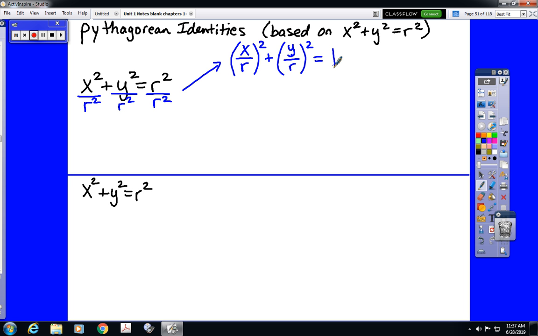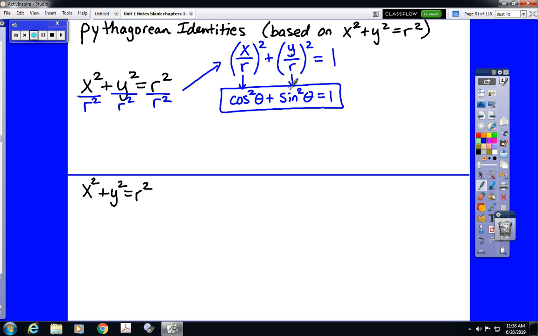Now, from our definitions, x over r is cosine, so that's cosine squared of our angle. Y over r is sine. So that gives us cosine squared plus sine squared equals 1, which is our first Pythagorean identity.